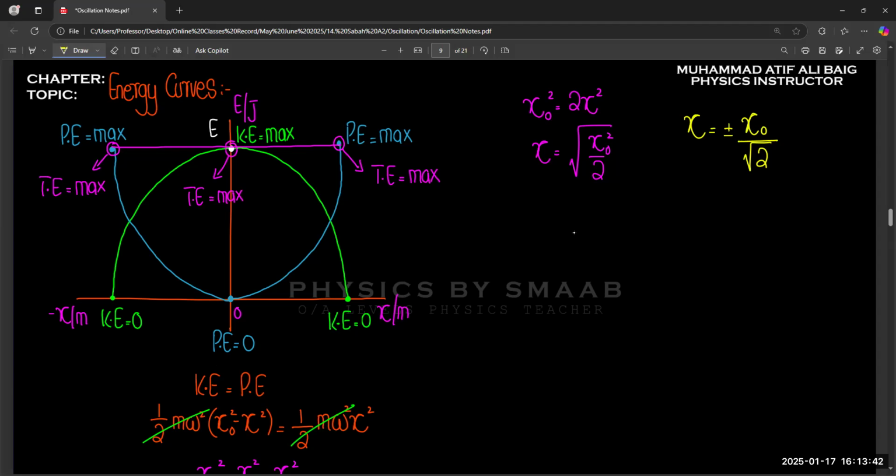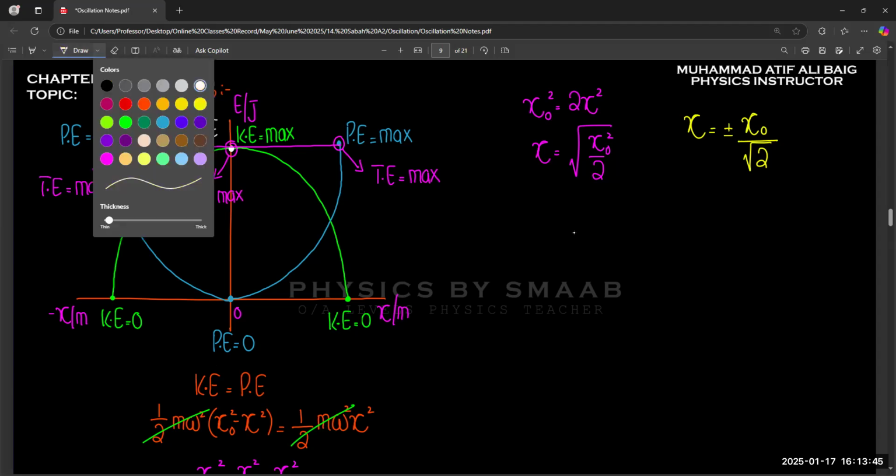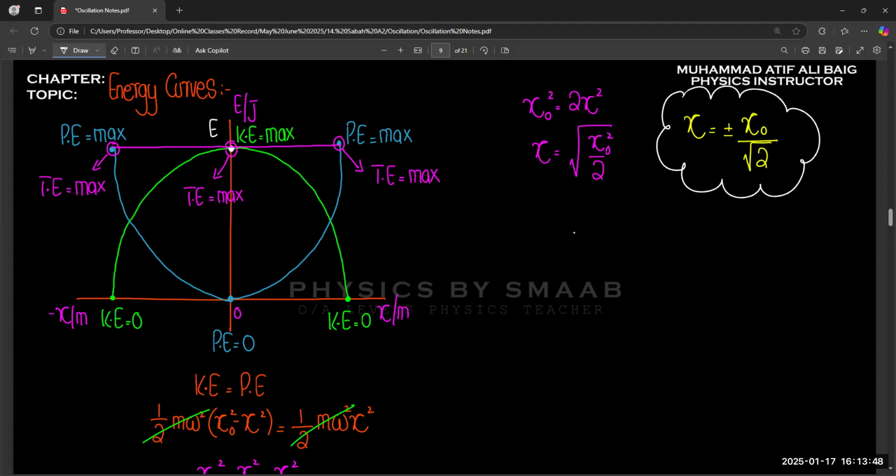Okay, so x naught under root 2. So this is the value for the maximum displacement that we can find out from the formula of kinetic and potential energies.